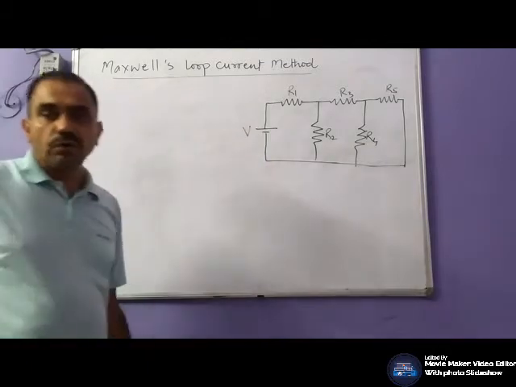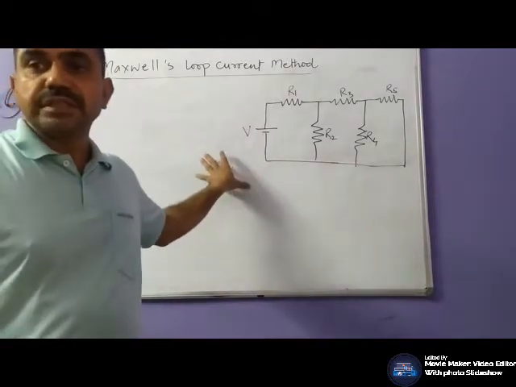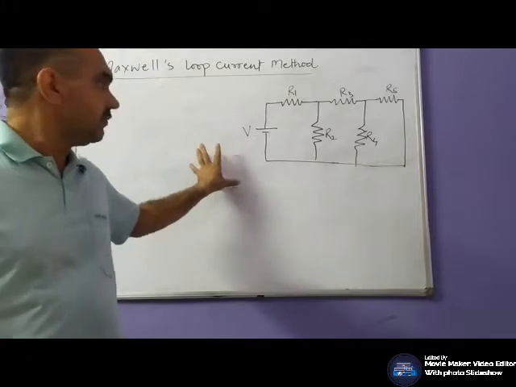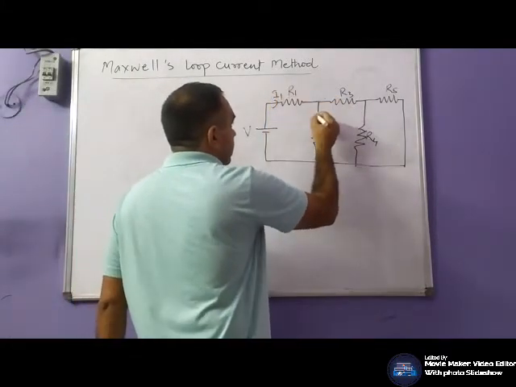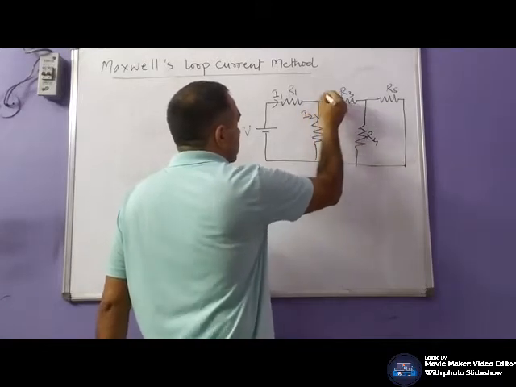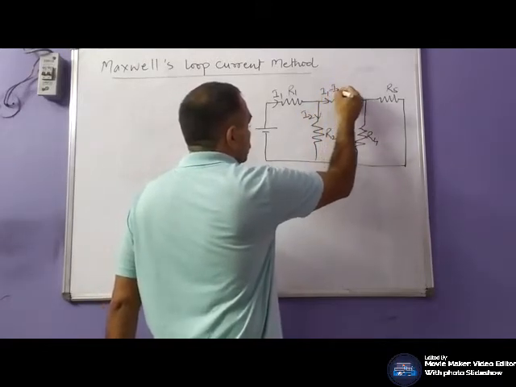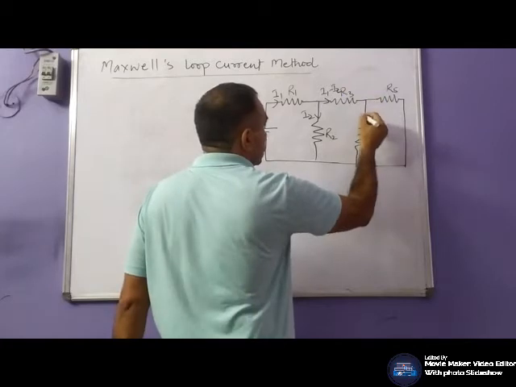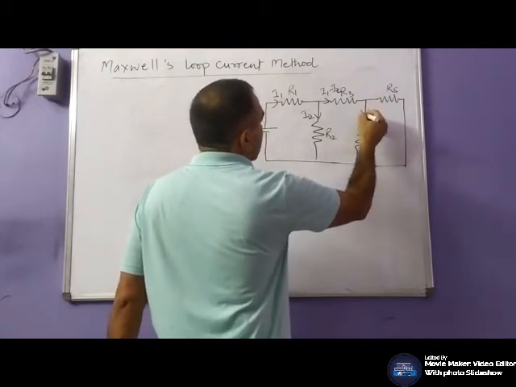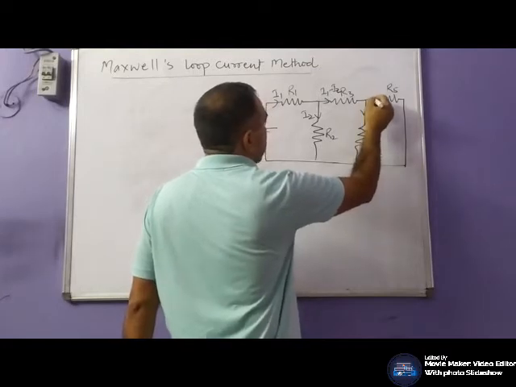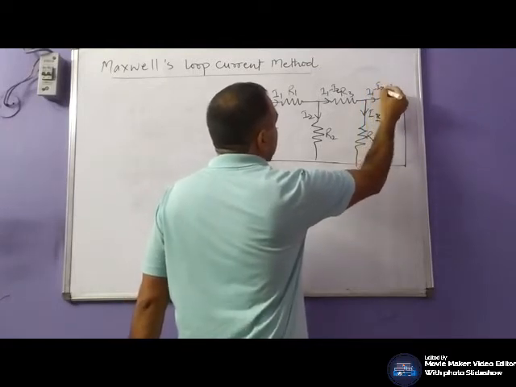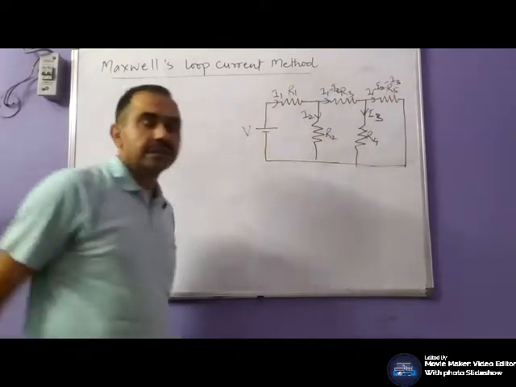Now when you solve this problem using Kirchhoff's voltage law, what have you done? This I1, I2, I1 minus I2, I3, I1 minus I2 minus I3.